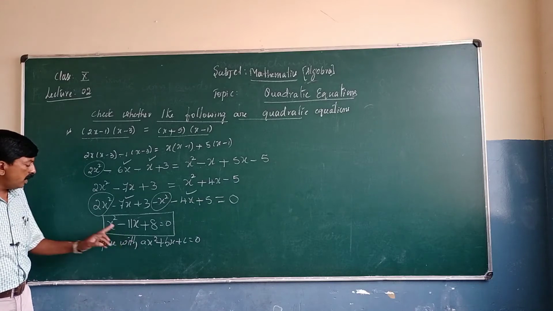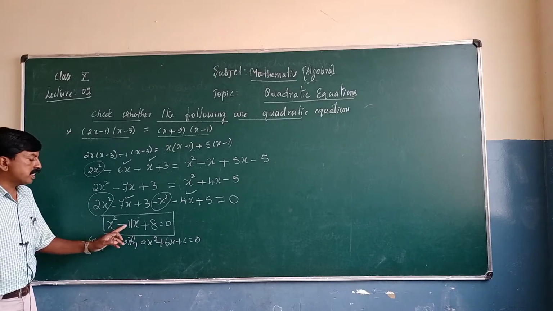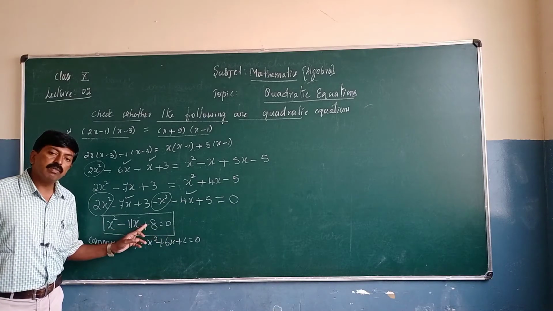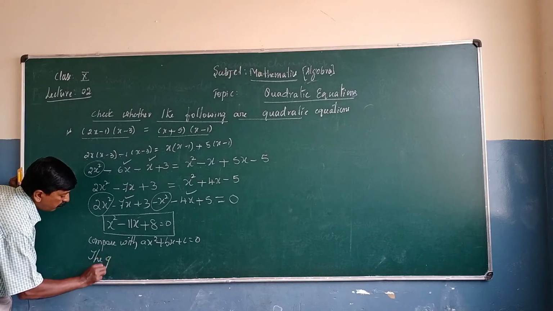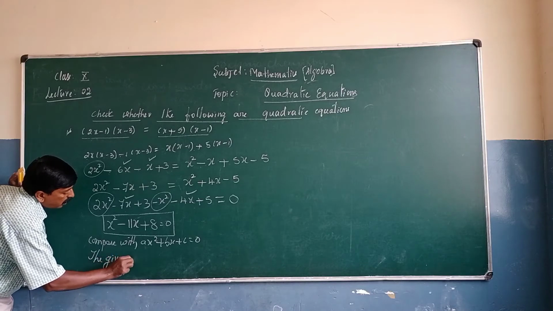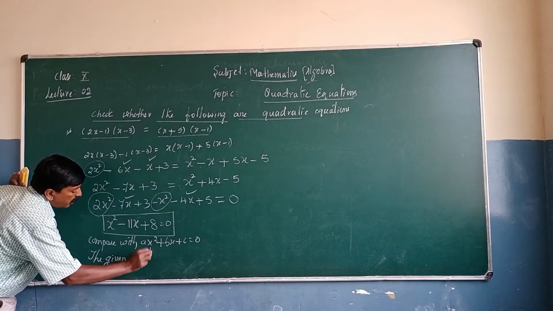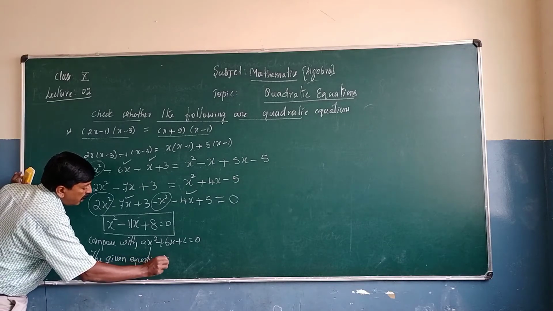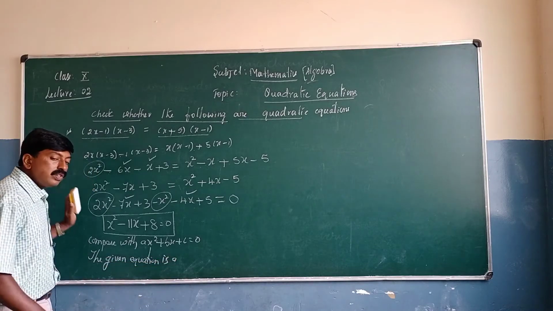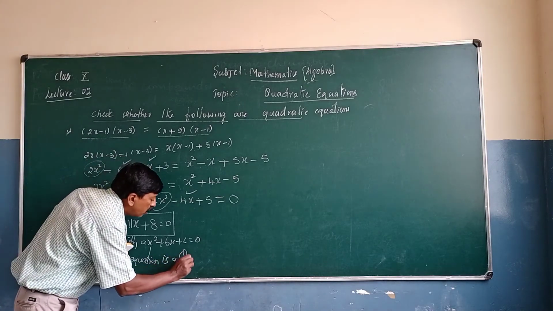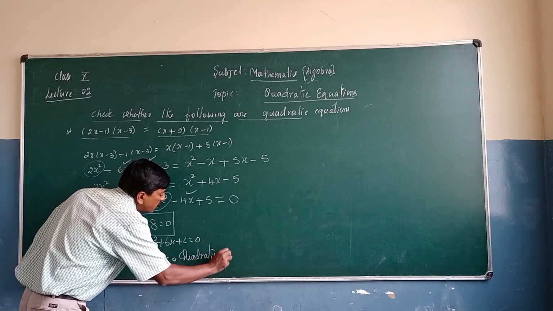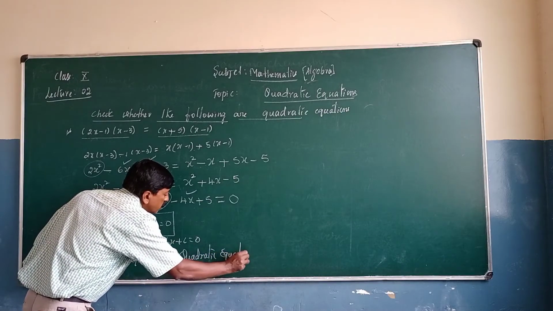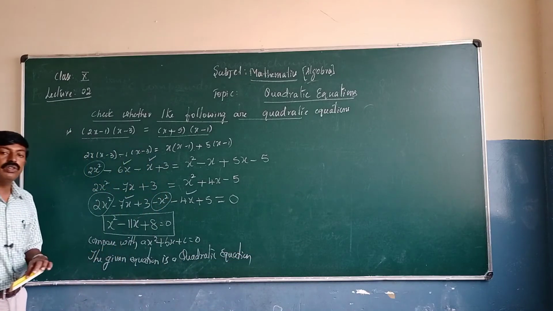So now a is 1, b is minus 11, c is 8. Therefore, the given equation is a quadratic equation.